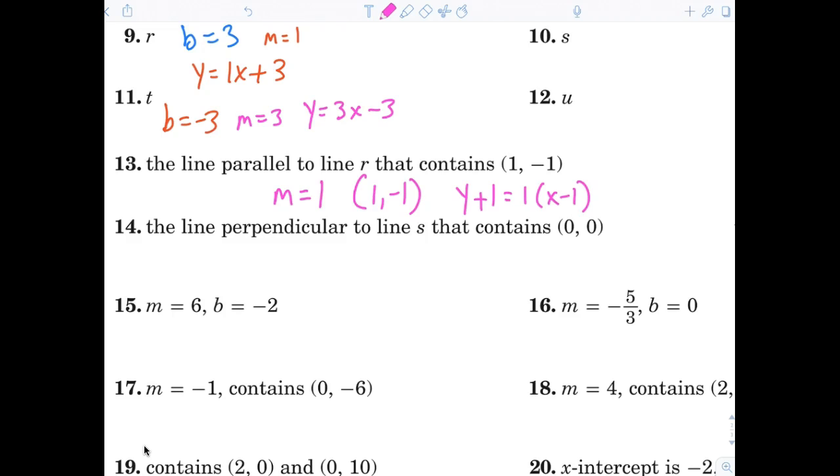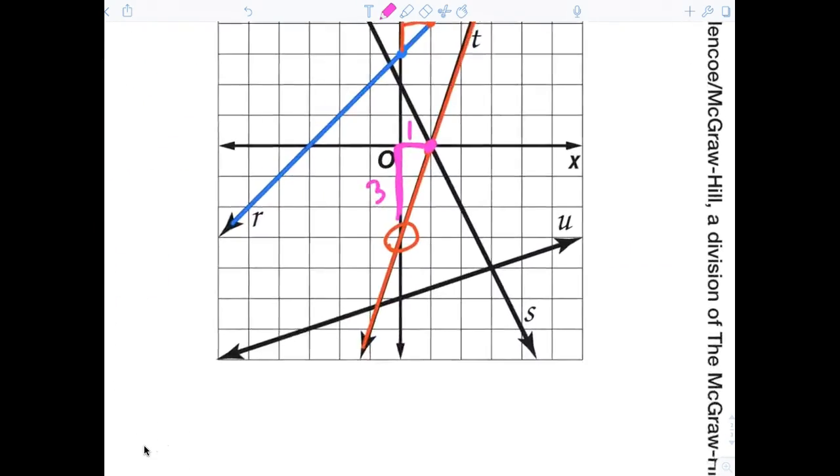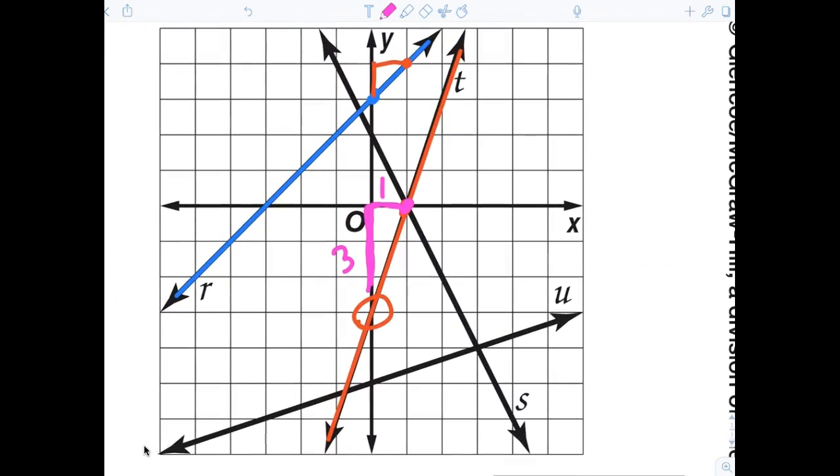All right, now, so let's do 14 real quick. I need the line perpendicular to S, so I have to find the slope for S. I'm going to my notes over here, trying to figure out what S is.